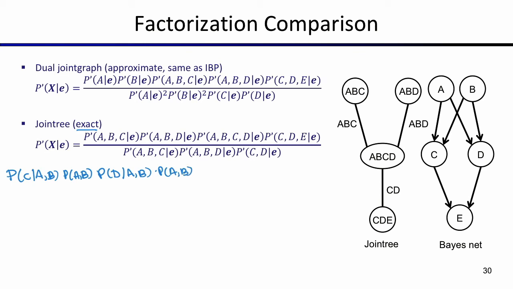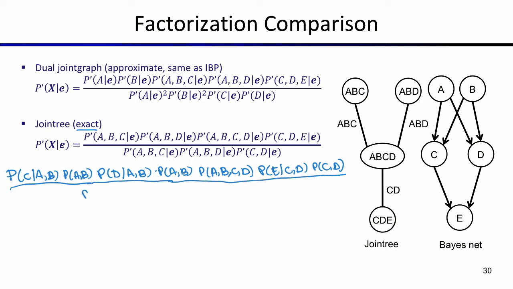We have this probability of A, B, C, and D. Let's keep that probability of A, B, C, and D. And we have the probability of CDE, but I want the probability of E given CD times the probability of CD. Okay, and now that's going to be divided by the separators, that is the probability of A, B, C, the probability of A, B, D, and the probability of CD.